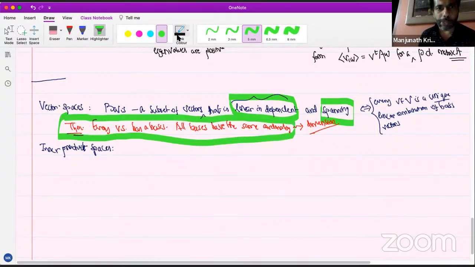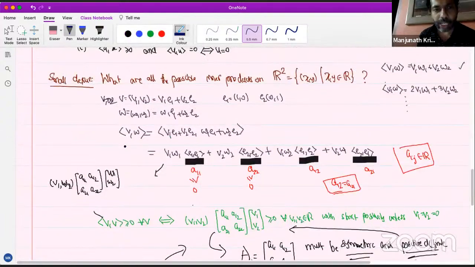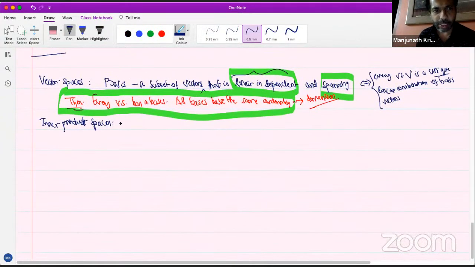But when you go to inner product spaces, that's not enough. What do you ask for? An orthonormal basis. You want something that goes well with the inner product structure.